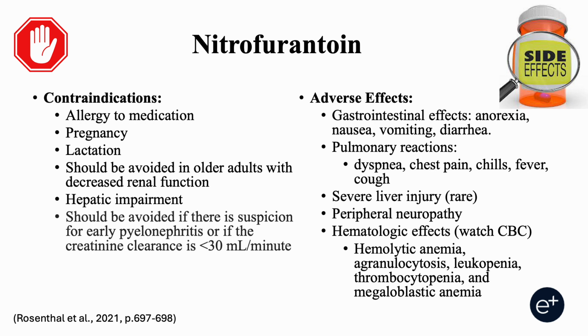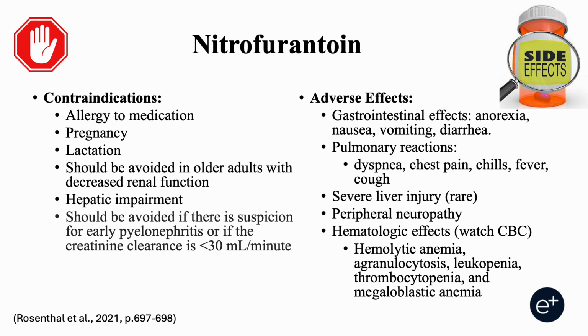Now, Macrobid, like we said, is effective in treating UTIs. It could lead to various adverse effects, such as gastrointestinal symptoms: anorexia, nausea, vomiting, and diarrhea are commonly reported. There are some pulmonary reactions, which include dyspnea, chest pain, chills, fever, and a cough. While rare, severe liver injury is a potential risk.